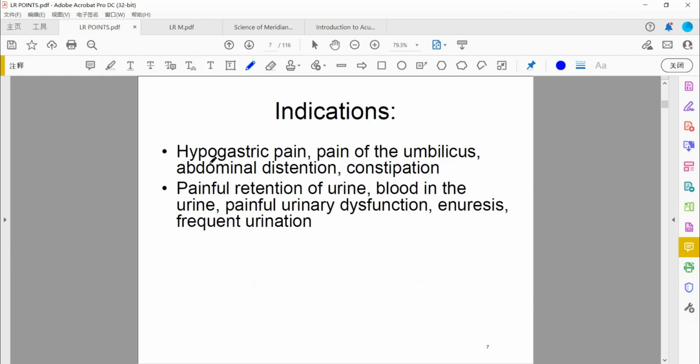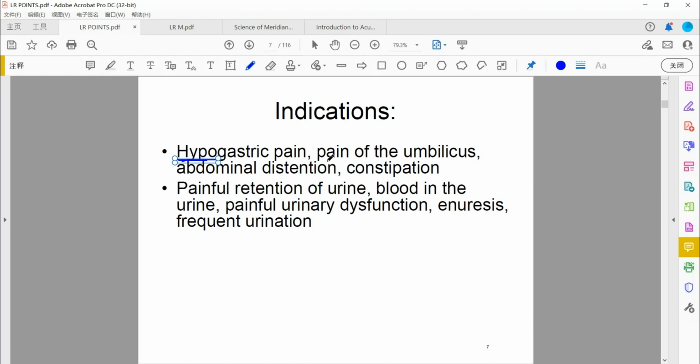Indications: hypogastric pain. Hypo means below, gastric is the abdomen, so the lower abdomen. So it's good for the lower jiao, the hypogastric region.